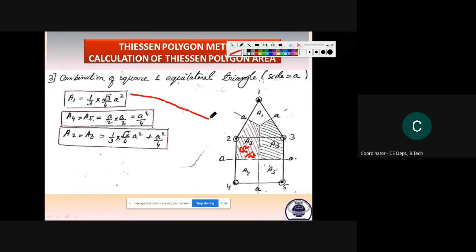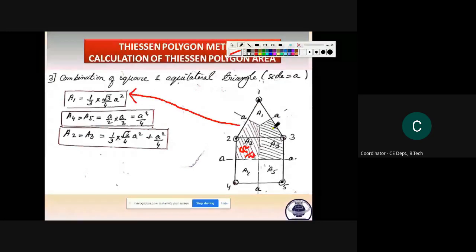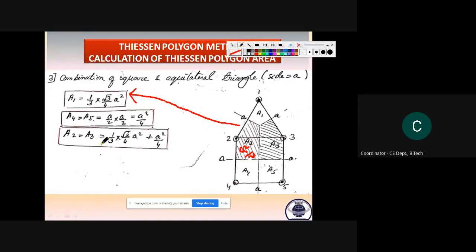The total area is root 3 by 4 A square, so for an individual triangle this is 1/3. Now for A2 and A3 we will add up: this is for the triangular portion and this is for the square portion. So this is the way we can estimate the polygon area if it has not been provided. I will show you one example also where the problem is given like that.